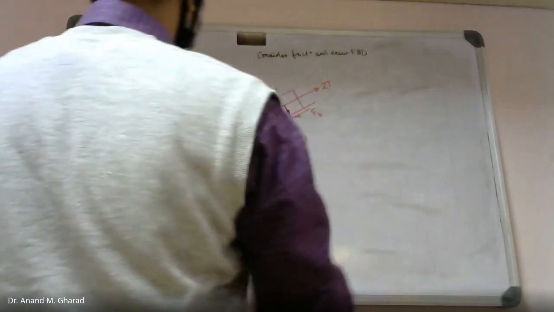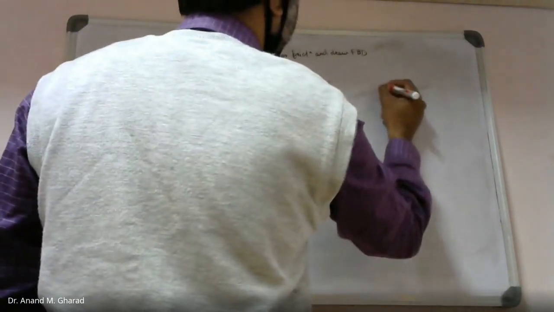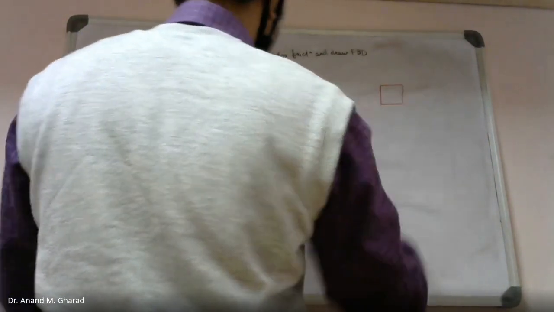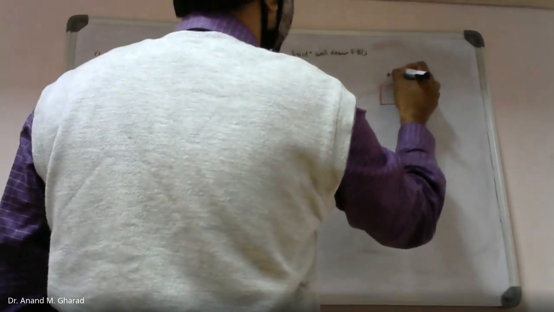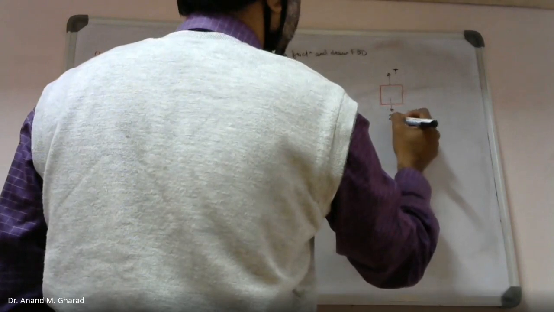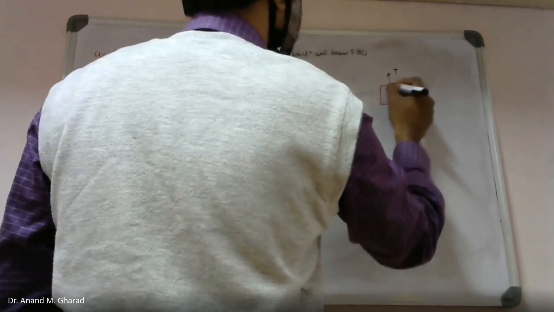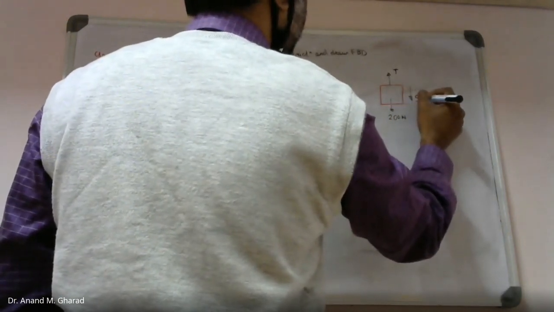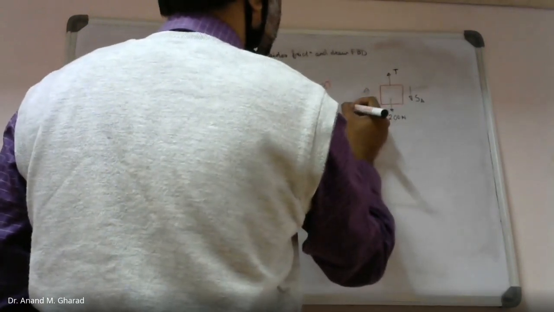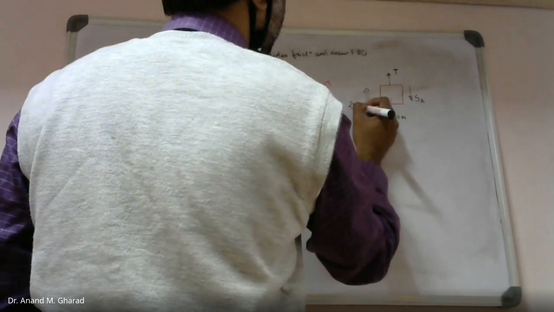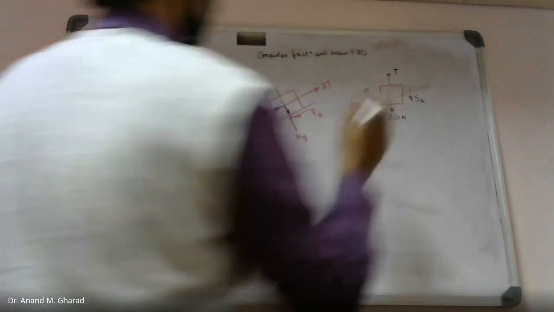And the next free body diagram will be for the block A. This is T. Okay, this is 200 Newton. This block A moves in the downward direction. Inertia force will be acting in the upward direction. So this is 200 by G into A.